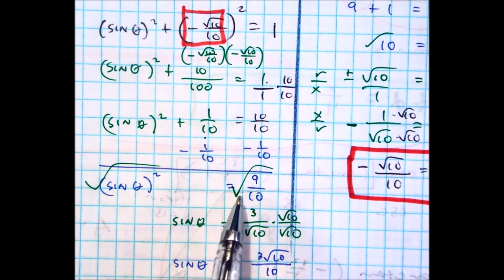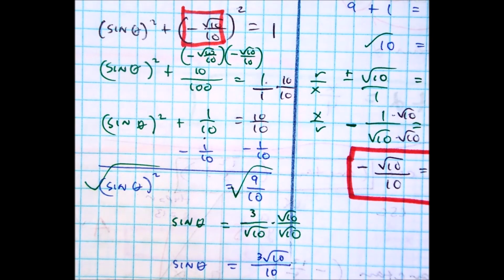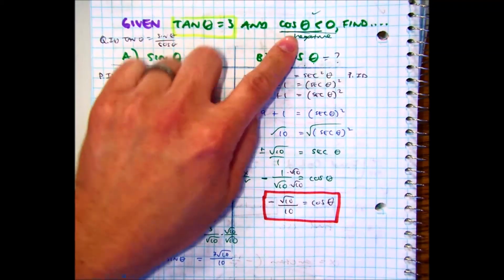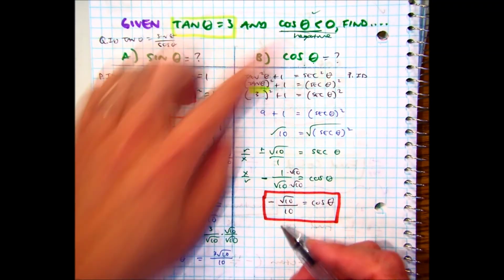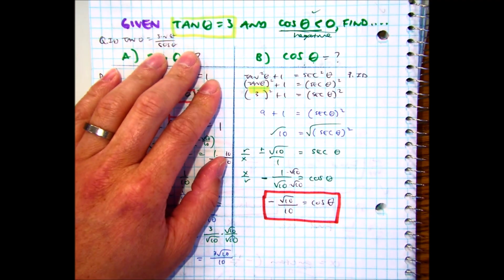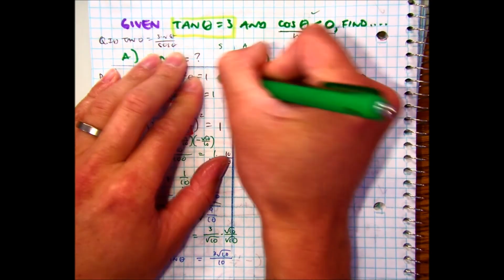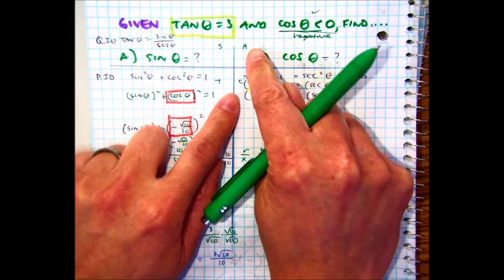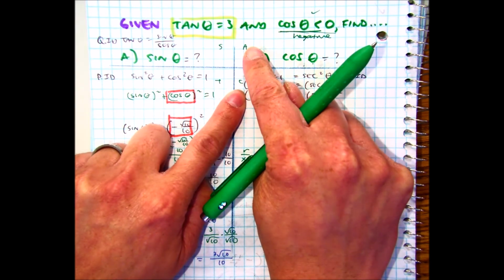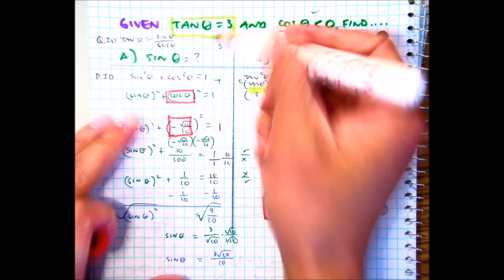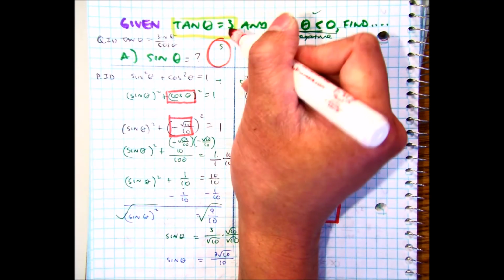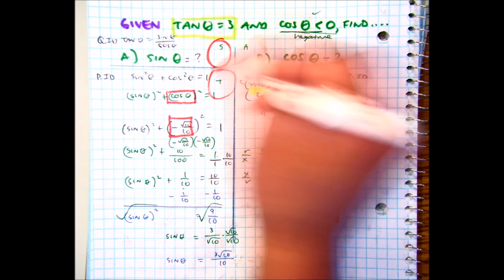But here's a hard question. Because I took the square root, is sine positive or negative? Let's look back at our clues. Cosine is negative. All students take calculus. This is where it is positive. Therefore, I know that cosine is negative here and here.